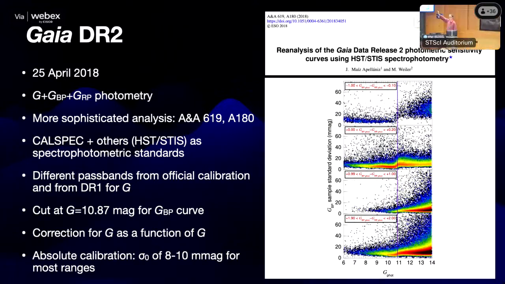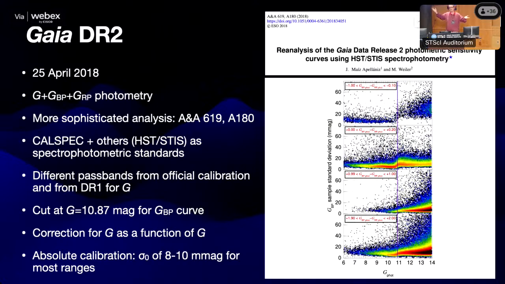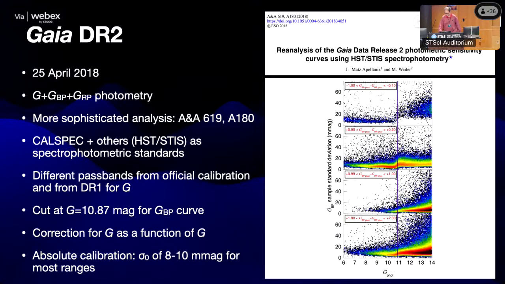Of course, if you don't include it, then it adds an additional scatter. But if you are able to include it, then you reduce the scatter in your comparison between the spectrophotometry and the photometry. With this, we were able to do an absolute calibration, which is everything we're talking about all this week, of the order of 8 to 10 millimagnitudes. So let's say 1%, right? Okay.